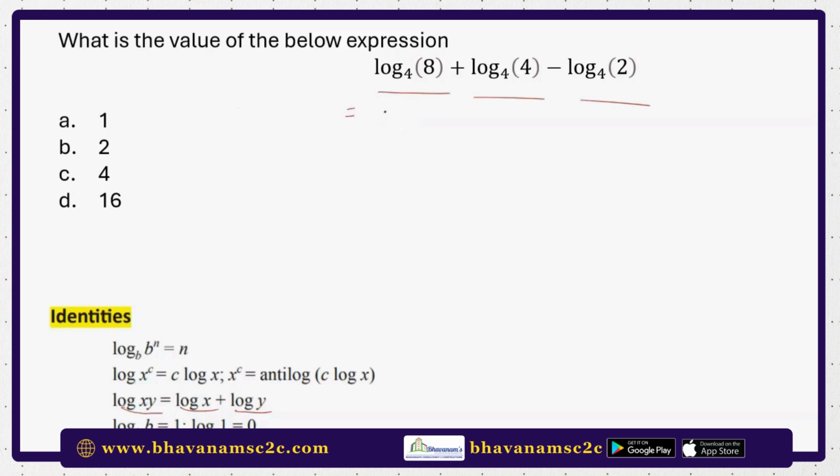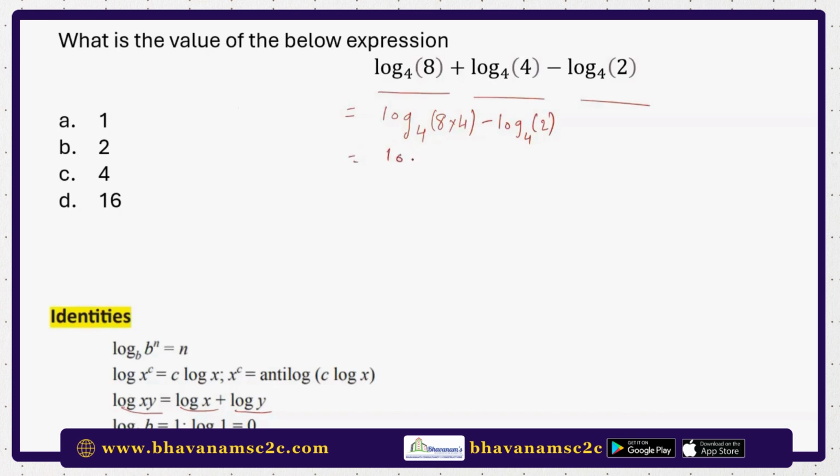Log a plus log b is equal to log a into b. Now that will be log 8 into 4 to the base 4. If it is an addition, it goes to multiplication. If it is a subtraction, we take minus log 2 to the base 4.